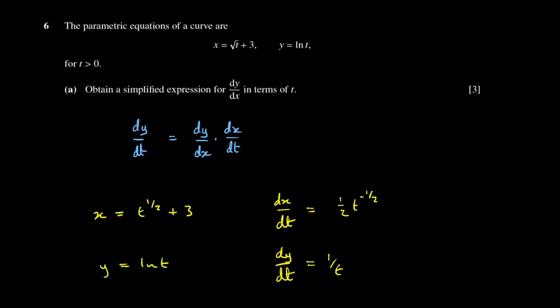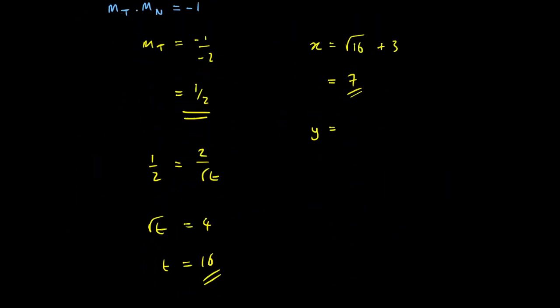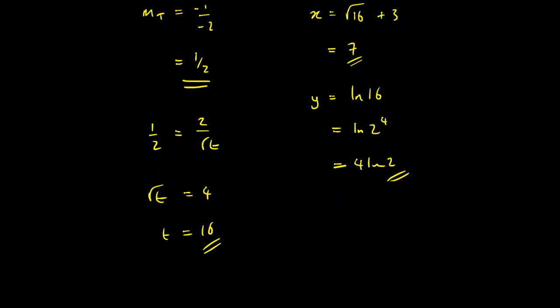Ln t, yeah. So ln 16. And you might want to write that as ln 2 to the power of 4, and then hence 4 ln 2. And so therefore the coordinates are going to be 7, 4 ln 2, or ln 16.